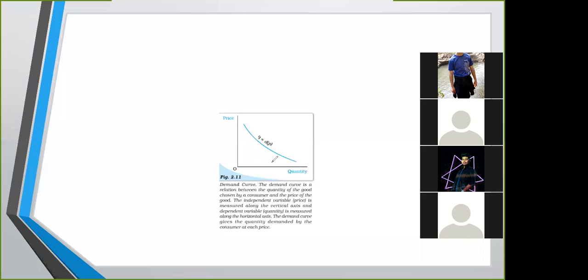Suppose the price is 5, then we are demanding say 3 units of banana. Now if the price has gone up, just a straight line, to say 10, you see we have come down. Now we purchase only 1 unit of banana.